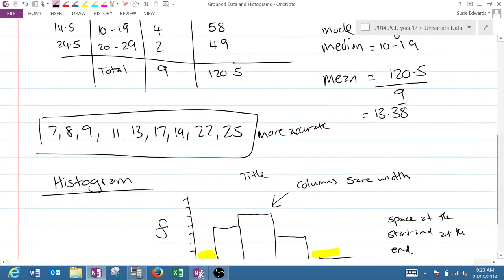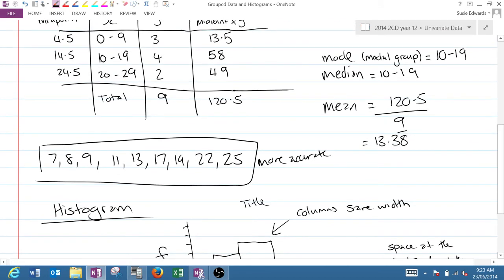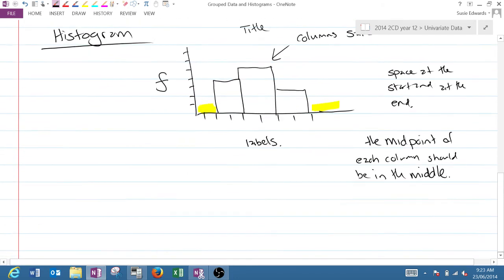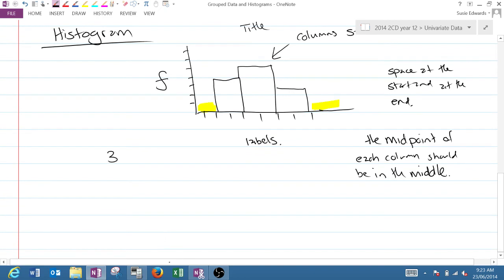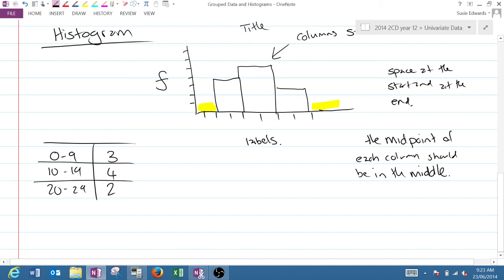So if we look at, so you don't have to rewrite another table, we'll look at this one we did with the 0 to 9, 10 to 19, 20 to 29. So 3, 4, 2. You don't have to rewrite this, I'm just writing it so that we have it here. Okay, so we want to draw a histogram of this data.